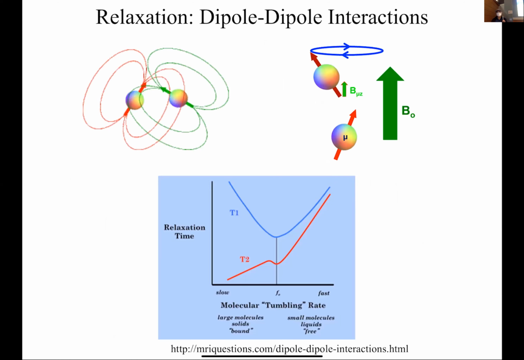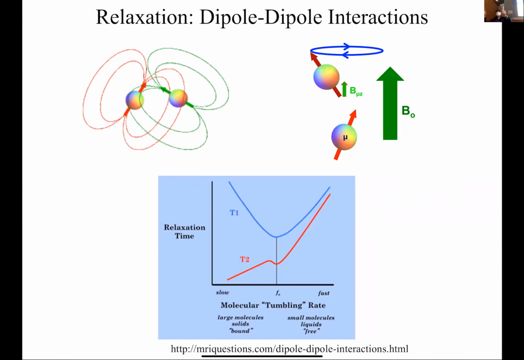One way to think about it is, if I'm a spin here and I'm just spinning happily along, now I'm surrounded by all these other spins. Maybe this spin is tumbling at one rate, and this spin is tumbling at another rate. So this spin might be giving me, and I'm experiencing the magnetic field from all these spins, right?